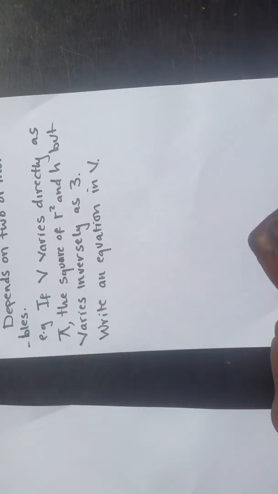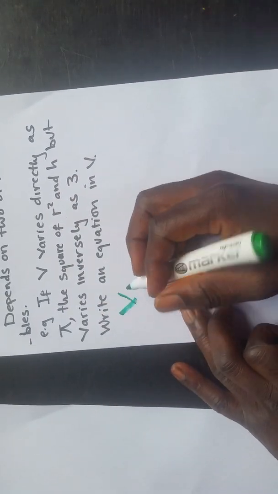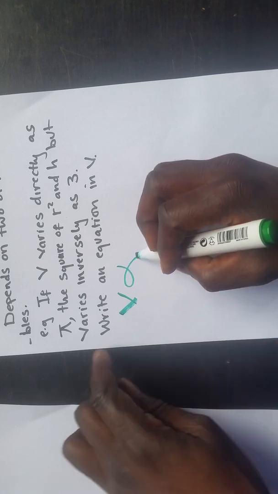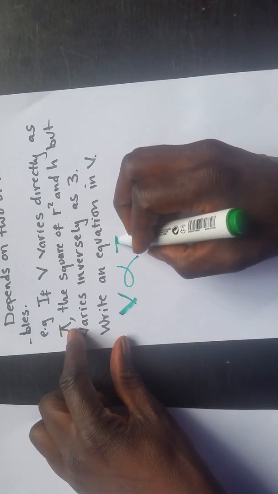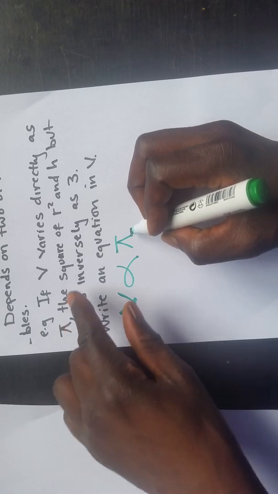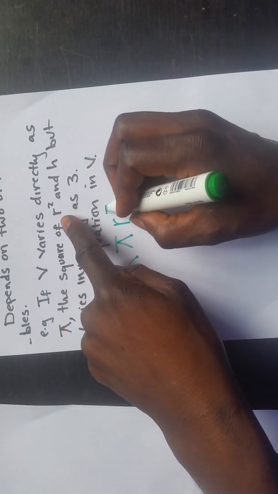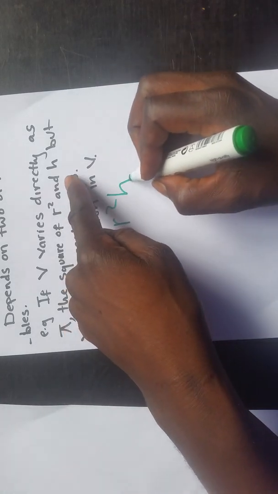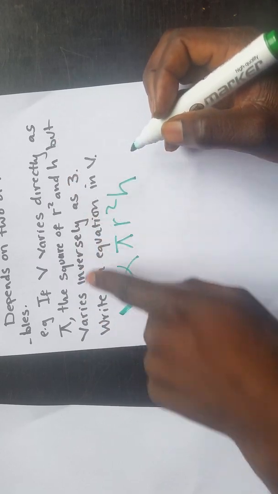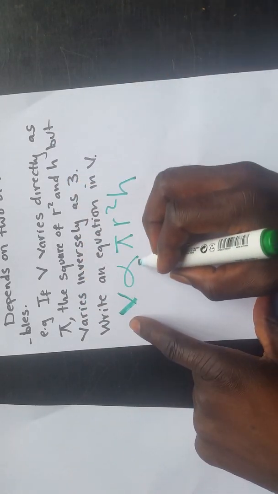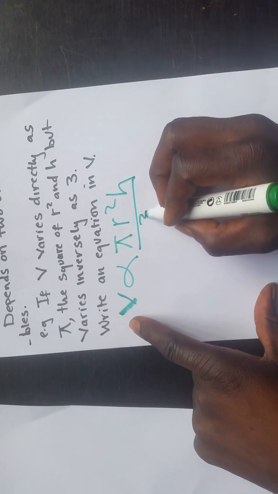So what this means is that v varies directly as pi, it varies directly as r squared, it varies directly as h, but it varies inversely as 3. The one that is inverse is going to be the denominator, like this.